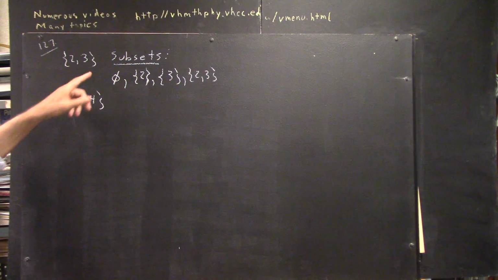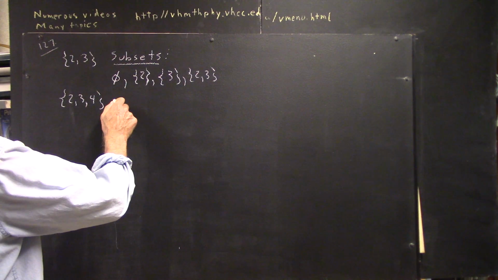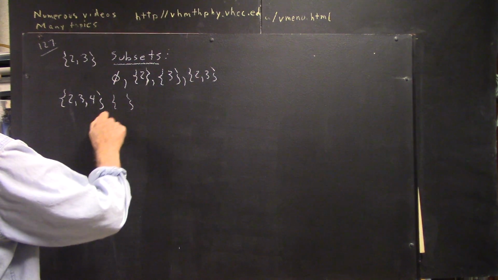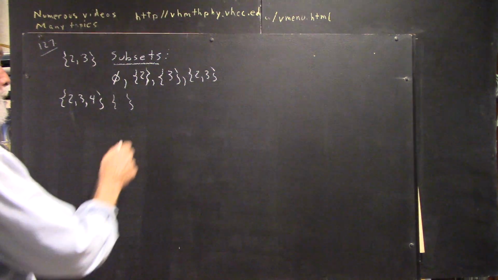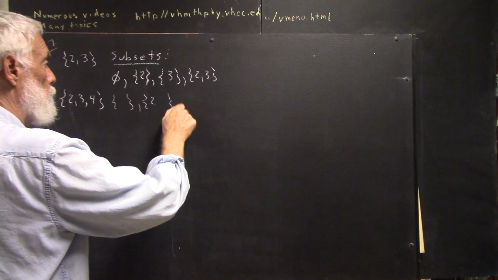Okay, I'm going to list these subsets, and the empty set I'm going to list this way, 2 braces. For reasons that will become clear, I'm leaving myself a little room in these sets.